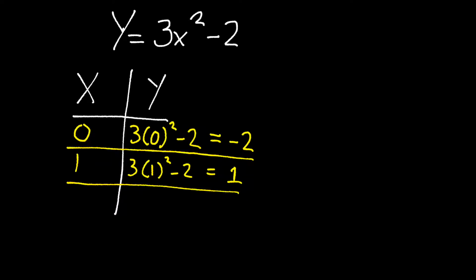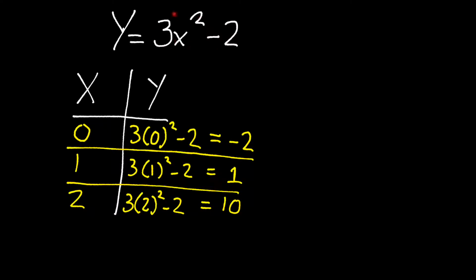And let's just do one more. Let's do 2. So I have 3 times 2 squared minus 2. 2 squared is 4. 3 times 4 is 12. 12 minus 2 gives me 10. And if you notice, that made a really big jump.